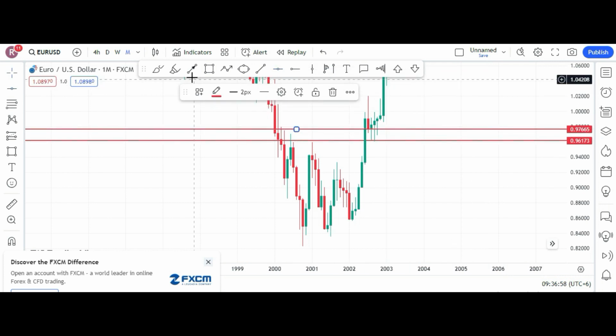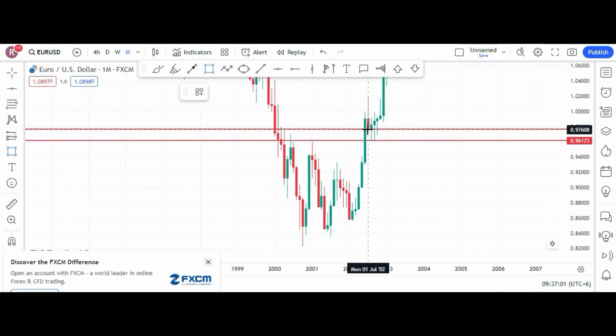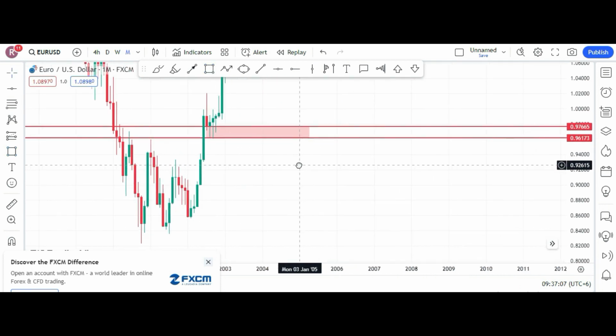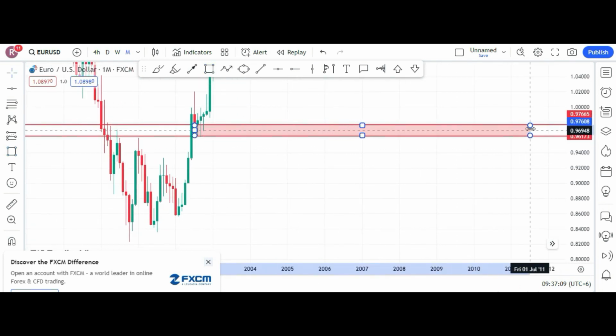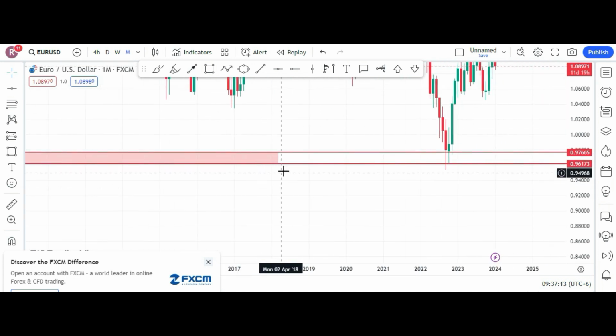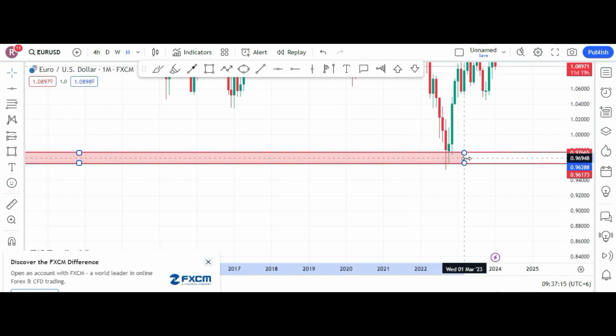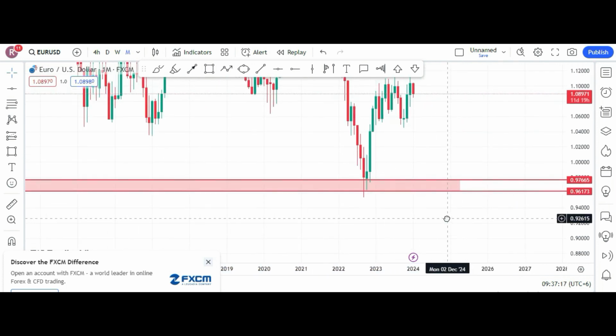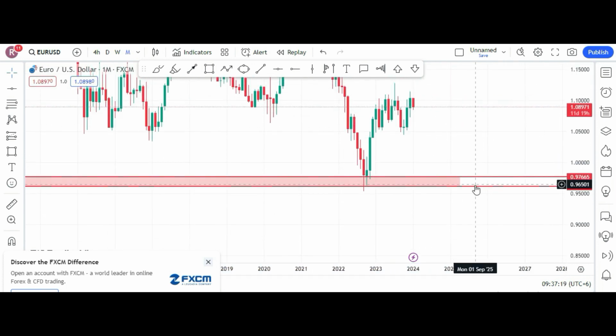So if we go here and mark the zone, if you do the same with me, it is better because it will give you confidence in the long run to analyze the market.